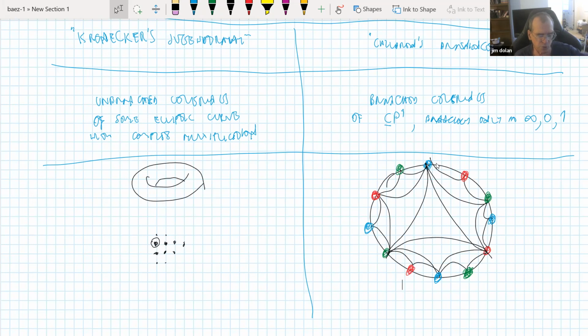But what I'm very sloppily claiming here is that we should be able to interpret the action of the absolute Galois group on the children's drawings in general.